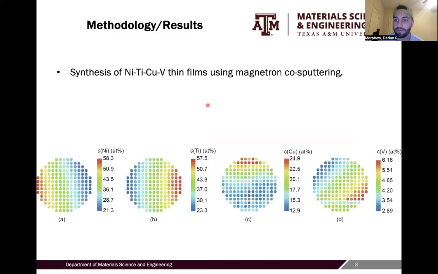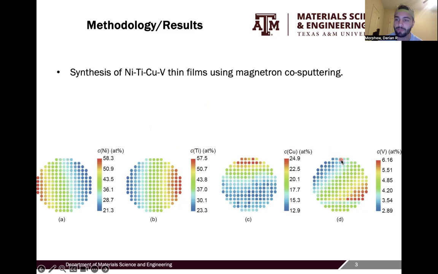I want to talk first about the scope and an overview of what the authors did in this paper. First, in their methods, they synthesized a nickel, titanium, copper, vanadium thin film using magnetron co-sputtering. Results are visualized here below, where you can see the four different atomic percents over the wafer.